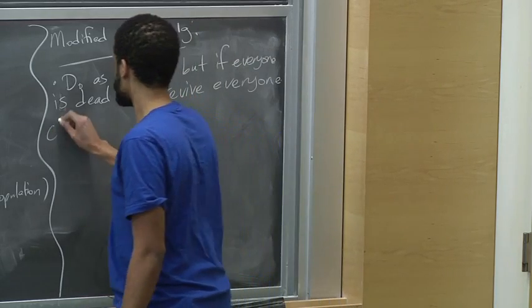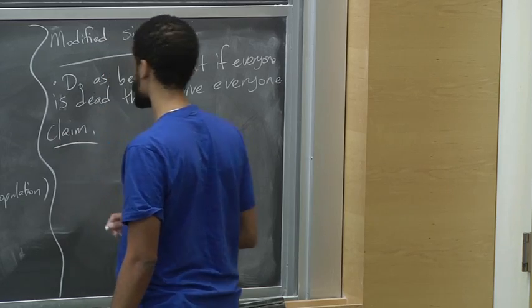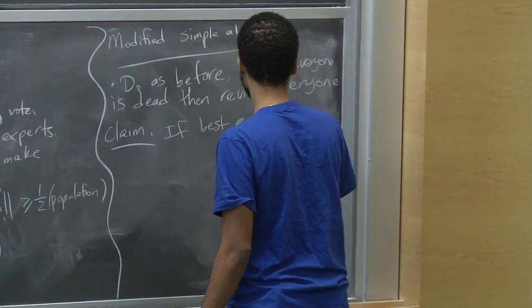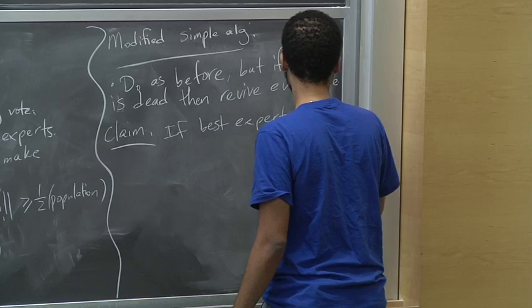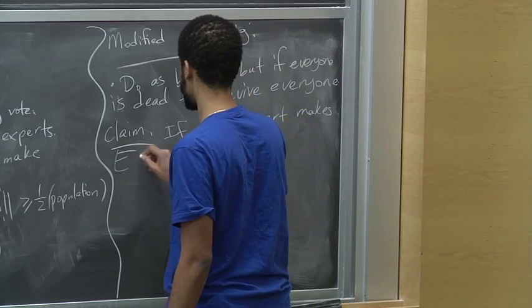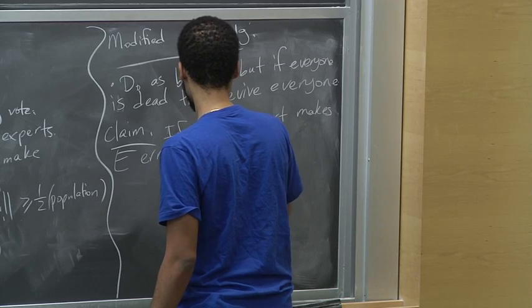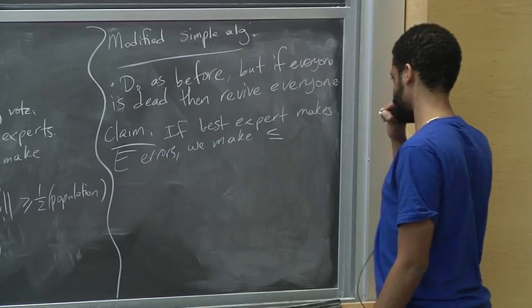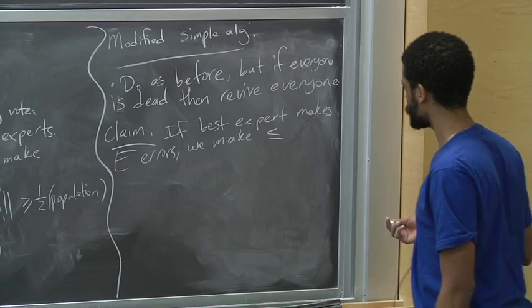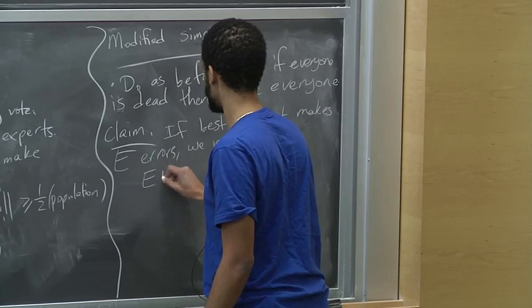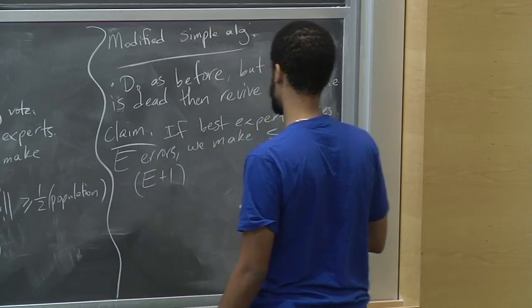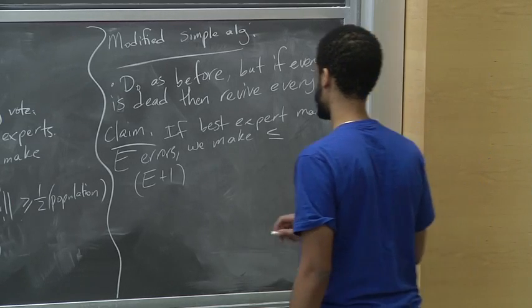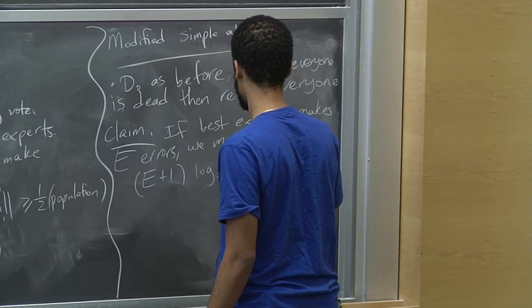And the claim is, if the best expert makes E errors, then we make at most E plus 1 times log base 2 of n errors.